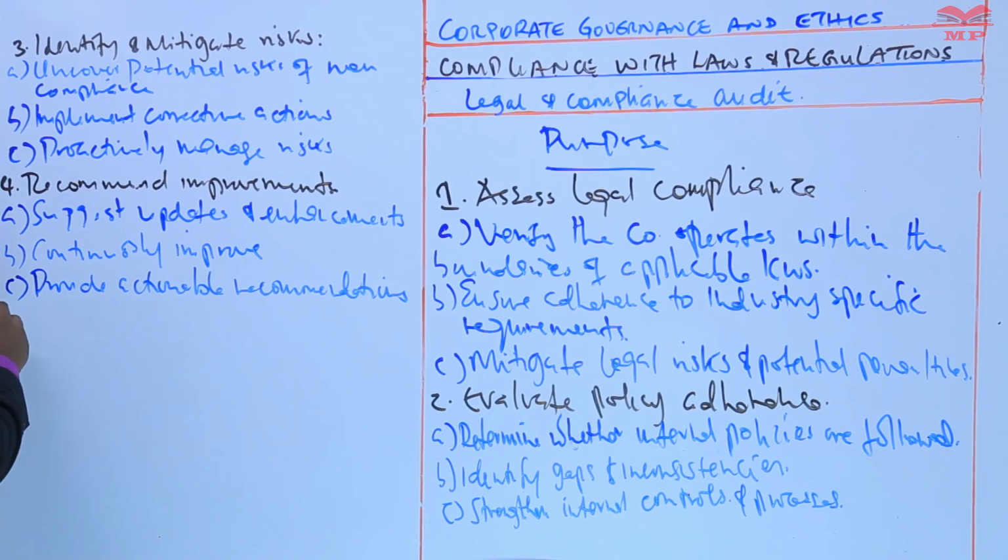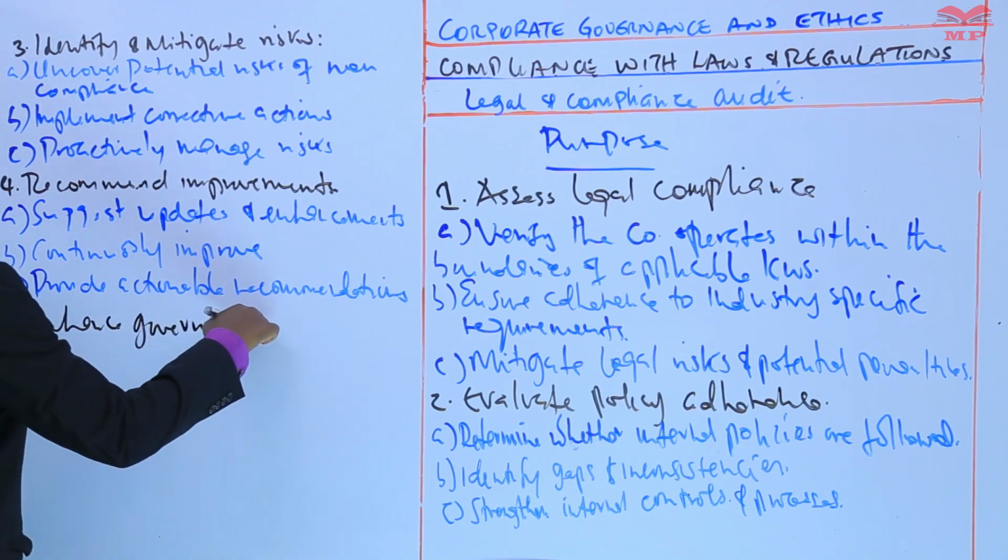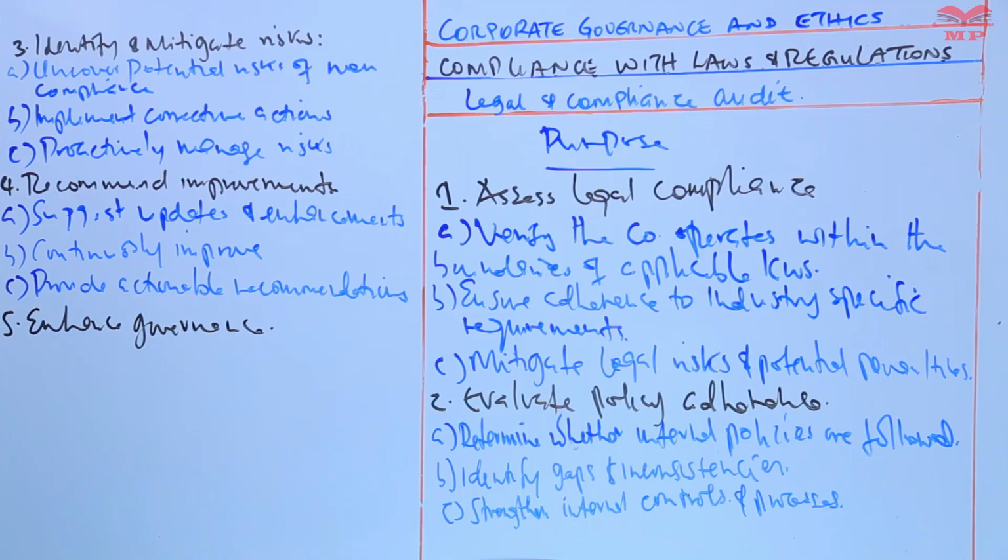Then number five is to enhance governance. Legal and compliance audit may enhance governance by strengthening the organization's overall governance and risk management framework. It can help to strengthen.